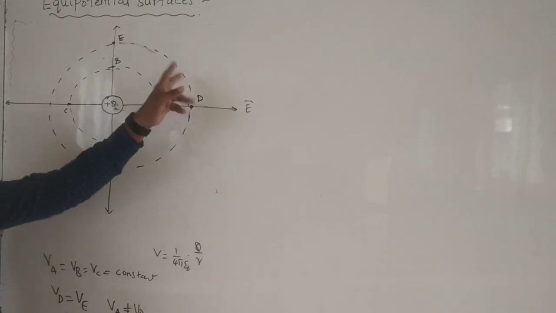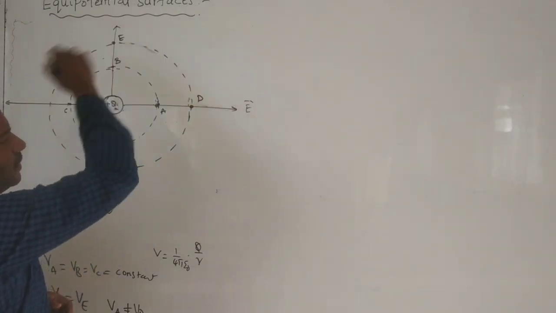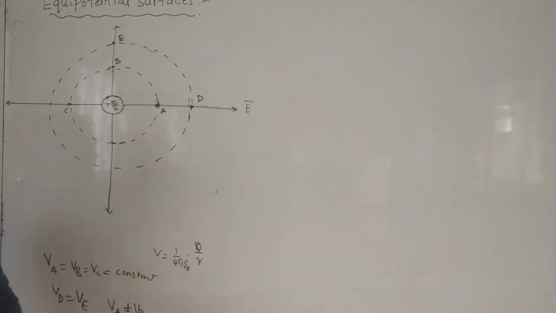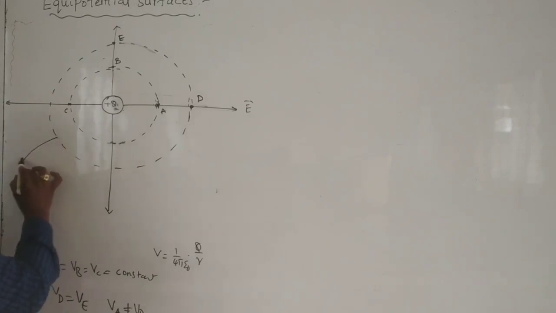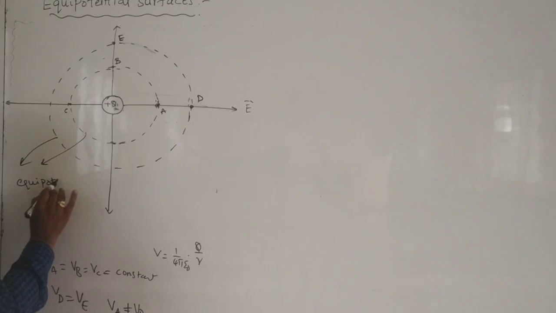This is also called another equipotential surface. Like that we can draw so many equipotential surfaces.